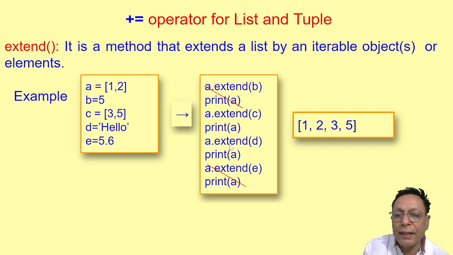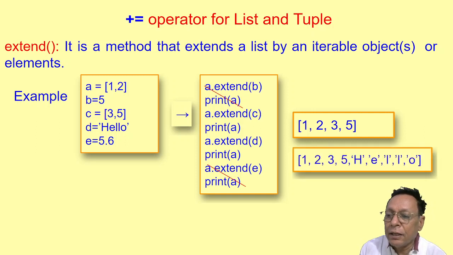Then again A.extend(D), where D is hello. This is again iterable, meaning you can apply a loop on hello. Hello is a string, which is a collection of characters. If you apply this, it will extend the list.